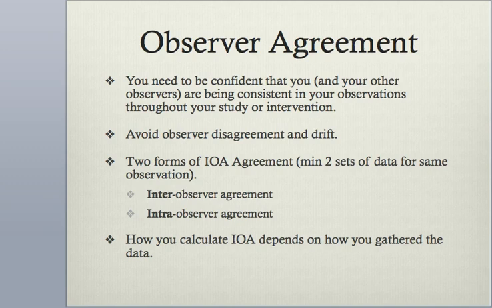The first is called inter-observer agreement, which means that you have two separate observers who both gather data on the same set of behaviors, and then they compare their recordings to each other to see whether or not they agree. And then there's intra-observer agreement, which is making sure that you are consistent within yourself. Typically we use videotape to do intra-observer agreement.